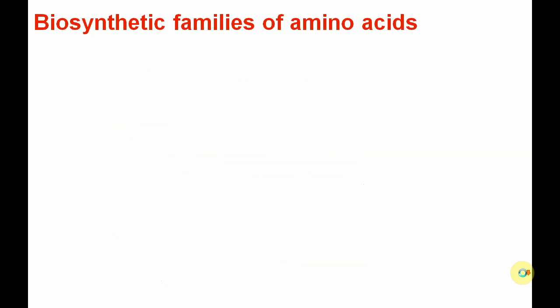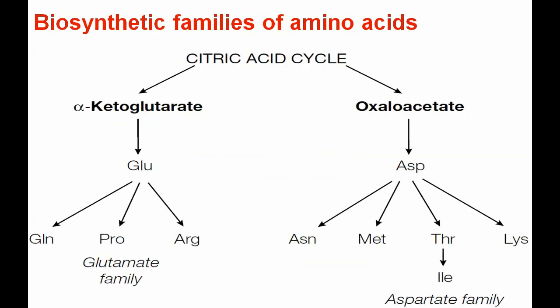Now some of the important biosynthetic families of the 20 amino acids, which are mainly derived from the main glycolytic pathways. First, from the TCA cycle, the intermediate is alpha ketoglutarate, which forms glutamic acid. Further, glutamic acid helps to synthesize glutamine, proline and arginine.